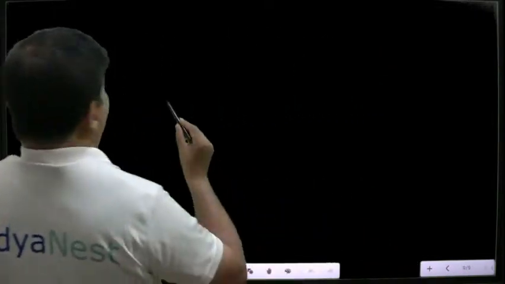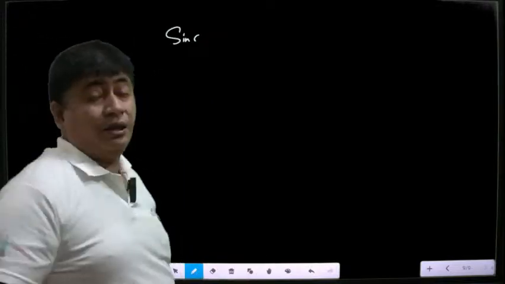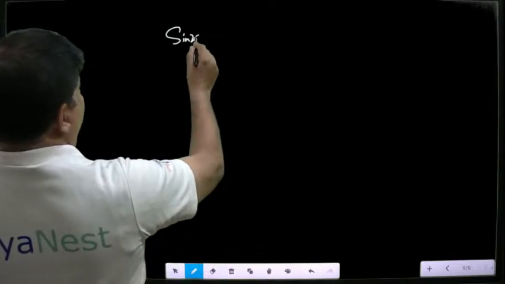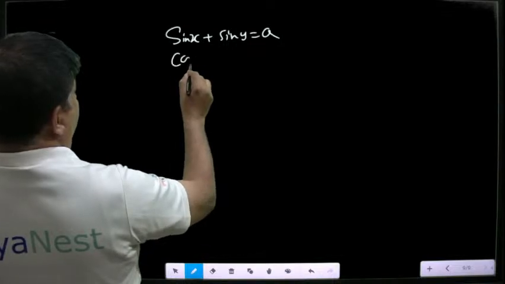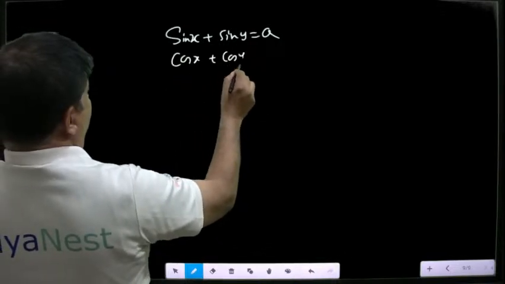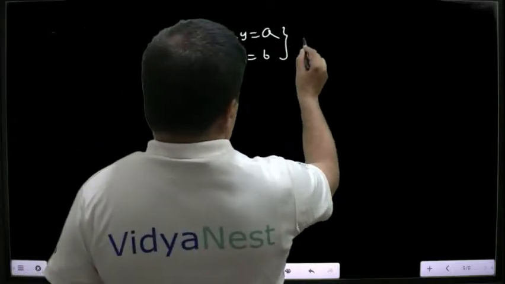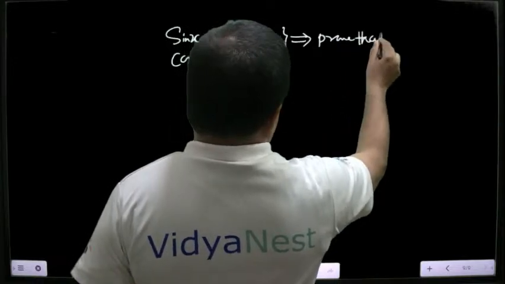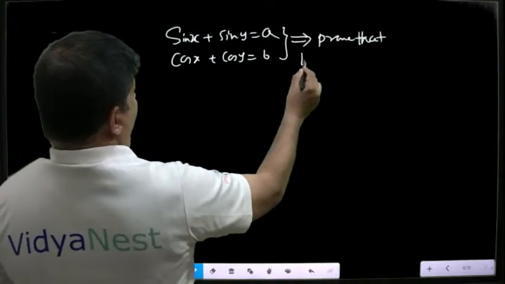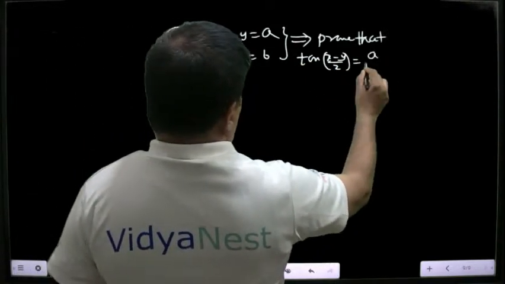That's why maths is so interesting, because with the same data we are getting two separate sums with totally different approaches. Sin x plus sin y is equal to a, cos x plus cos y is equal to b. Prove that tan x minus y by 2 is equal to a by b.